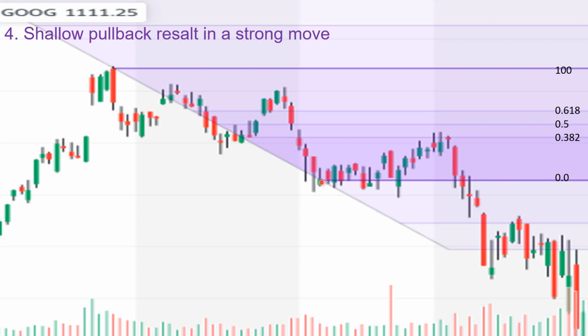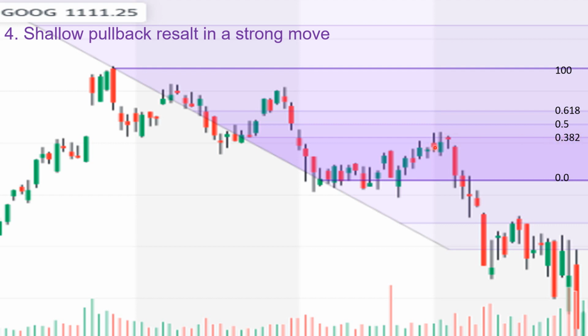We see the retracement didn't go beyond the 0.382. This is the retracement, and this is the Fibonacci level, it comes just on this level, 0.382.